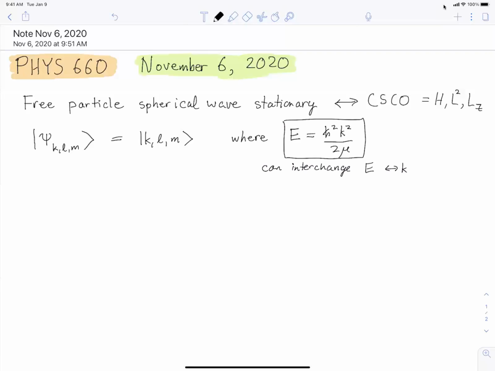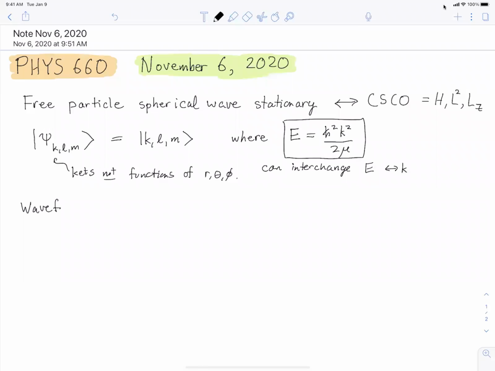And one thing I want to emphasize about these kets is one should not make the mistake of thinking of them as functions of position. So kets are not functions of r, theta, and phi. Instead, that's the wave functions that you get from the kets.